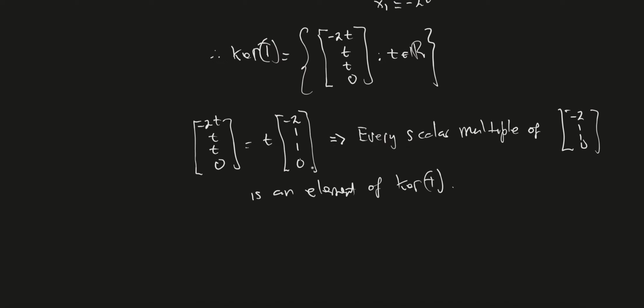Since there's only one vector and we are allowed to multiply it by any scalar, another thing we can say is that the kernel is the span of that vector -2, 1, 1, 0.